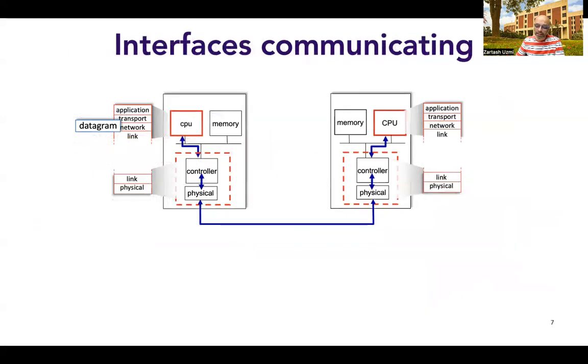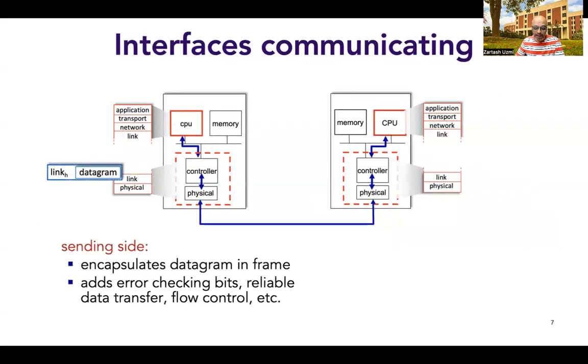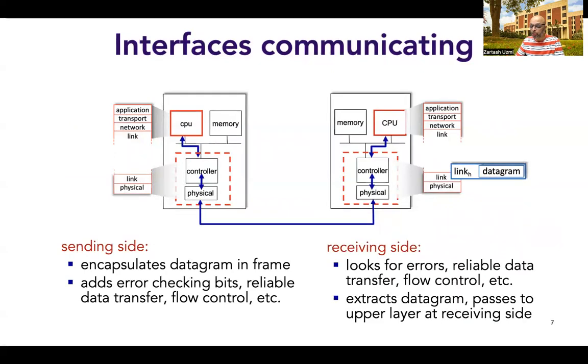So if you look at the link layer, you would have these interfaces communicating over a single link. These two interfaces are adjacent to each other on the left and right. If the network layer on the left guy wants to send an IP datagram to the network layer on the right hand side, this datagram is handed over to the link layer, and the link layer will encapsulate the datagram in a frame and do the other services that we already talked about, and will send it onto the other side.